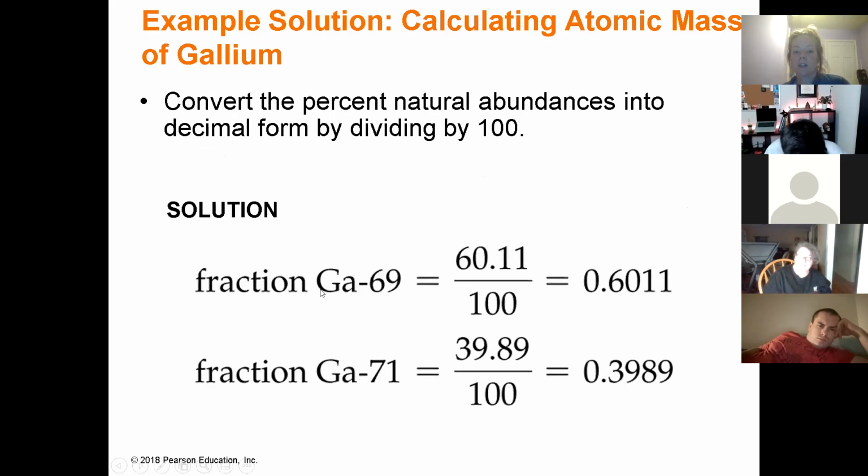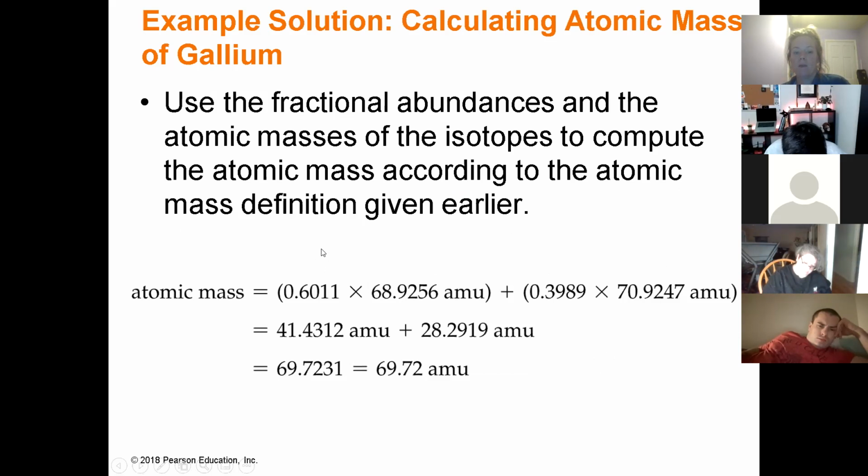So we get our fractional weight for each of these, and then we take that value and multiply it by the corresponding mass. Also, don't flip-flop the masses with the wrong percentages. In this case, we end up with a final value of 69.72 AMU.